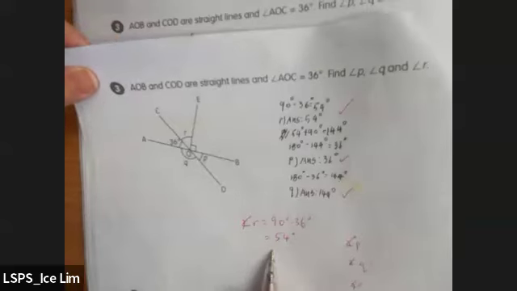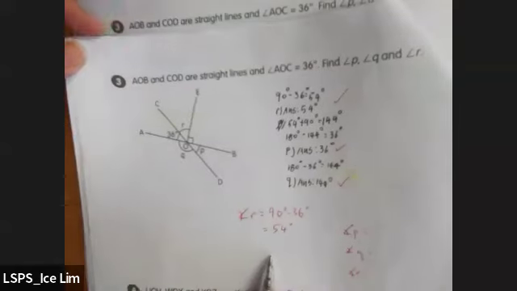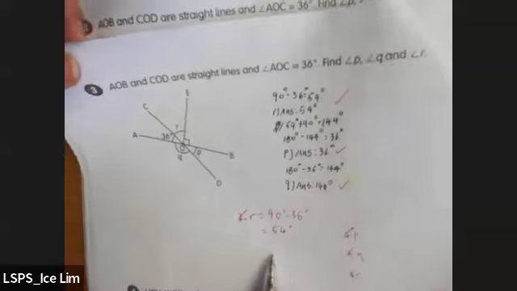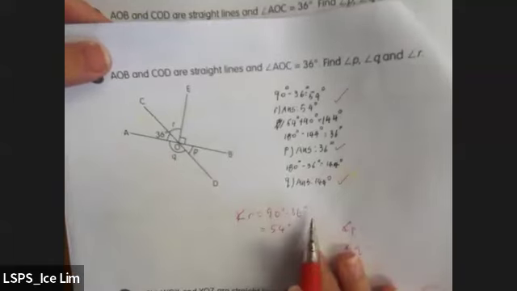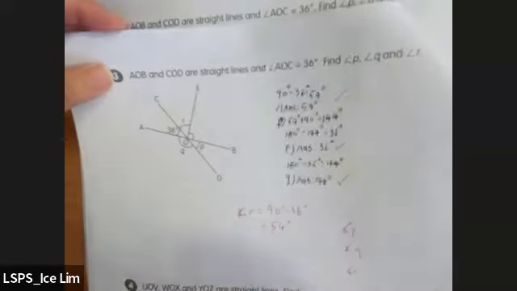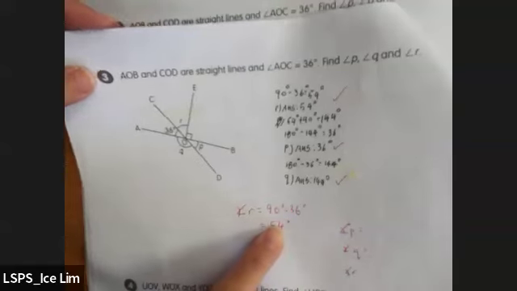Now, if you've got this, am I going too fast? This is question 3. Okay, maybe Janesha, why 90 minus 36?